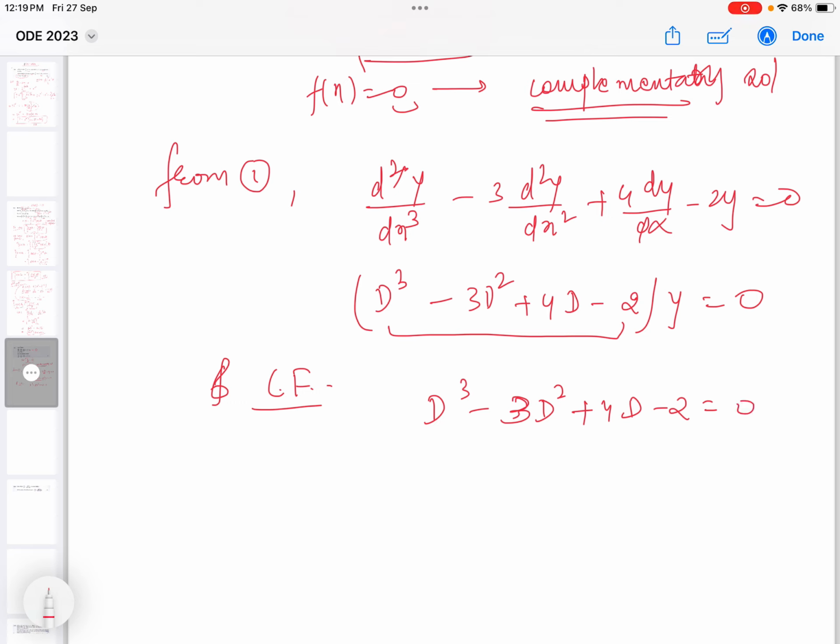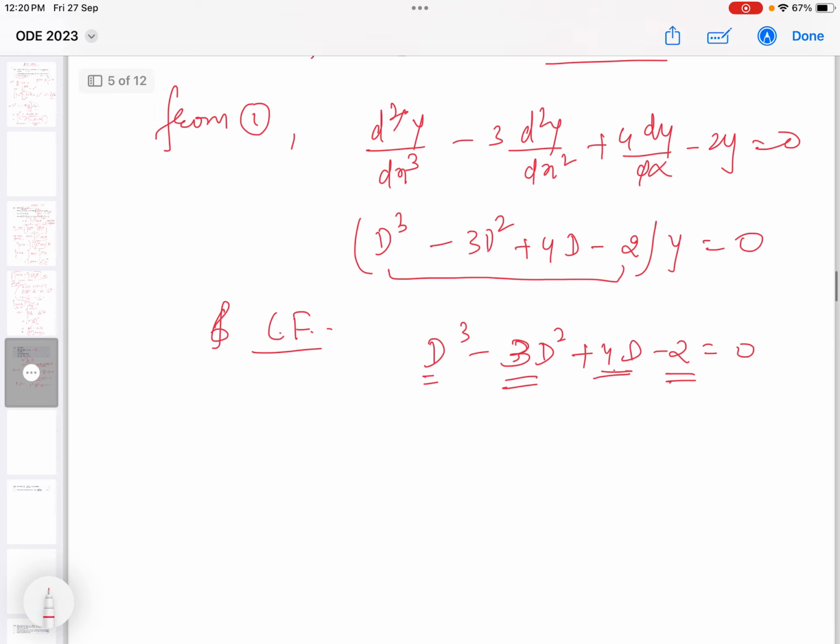Many times plus or minus 1 comes out to be a solution in these kinds of problems. If you put 1, it becomes 1 plus 4 equals 5, and minus 3 minus 2 equals minus 5. So 1 is a solution.